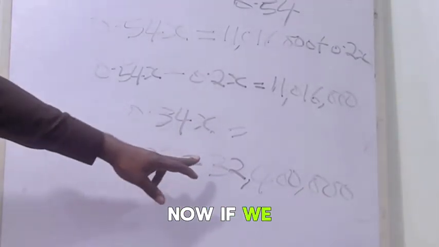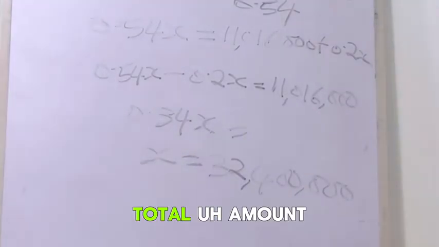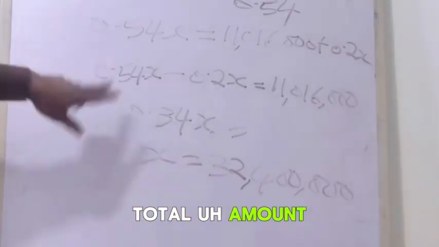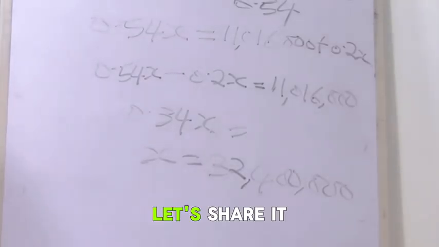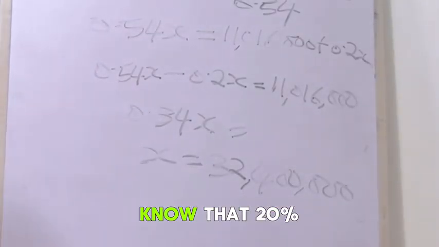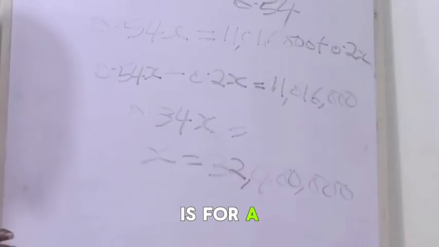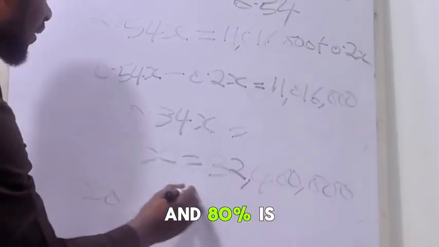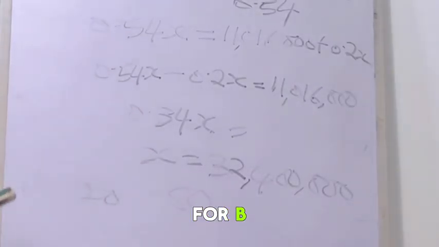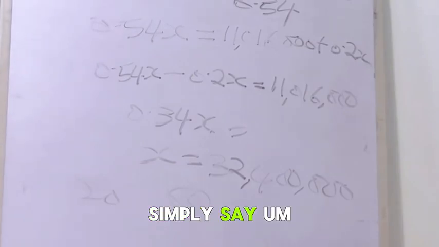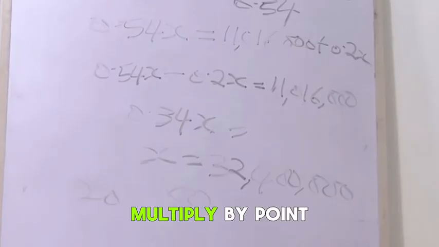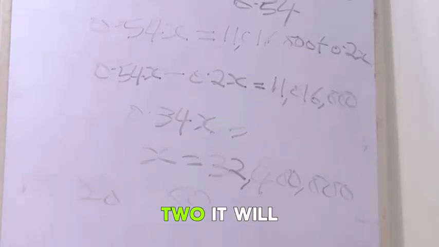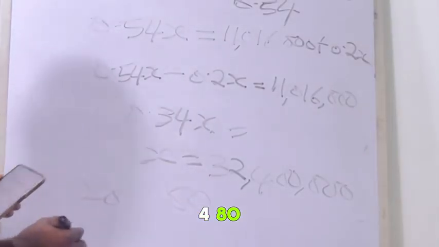Now, we have 32,400, which is the total revenue for the company. Let's share it into two. We know that 20% is for A and 80% is for B. So we can simply multiply by 0.2, which will give us 6,480.